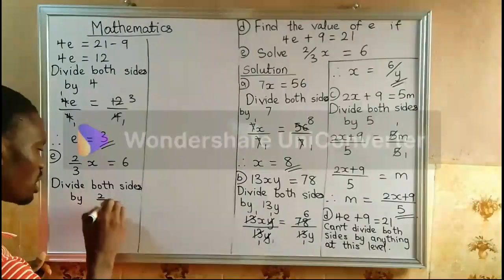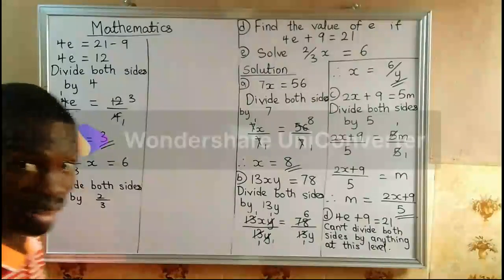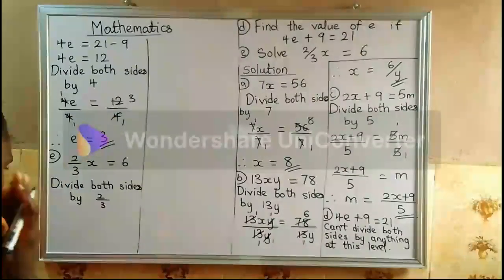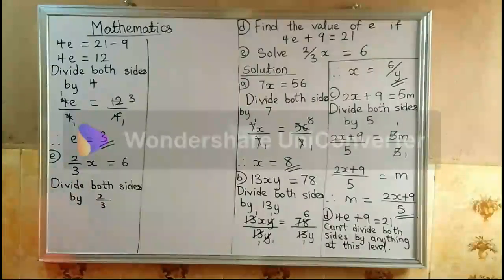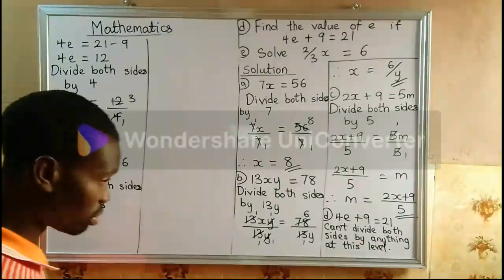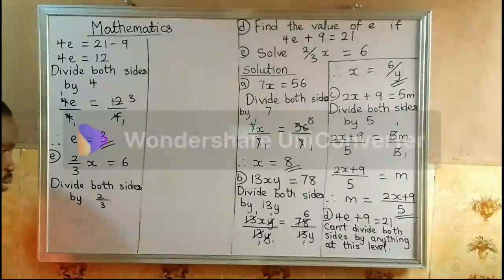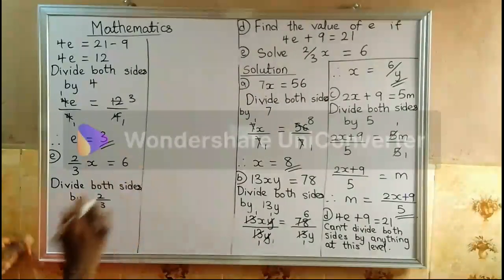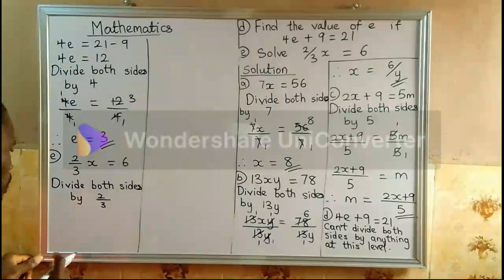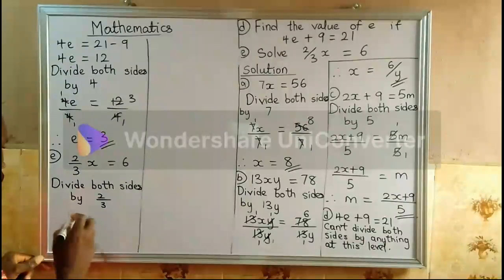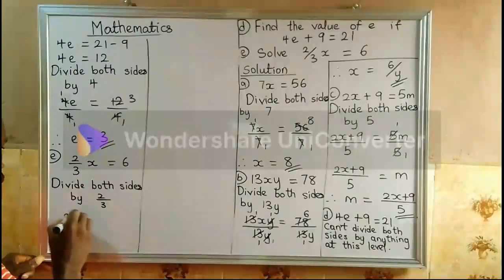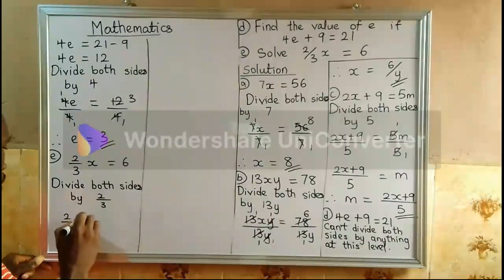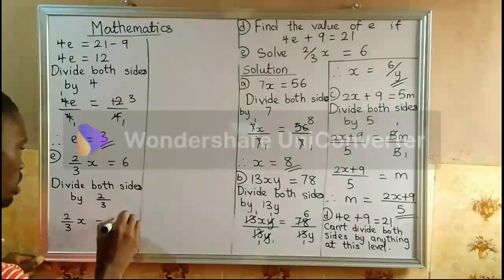Forget the fact that it is a fraction. Just maintain the principle. Just maintain the method. Make sure you apply the method very well, be it fraction, decimal, or whole number. So we divide both sides by 2 over 3. So in the first side, we have 2 over 3x, and the second side we have 6.